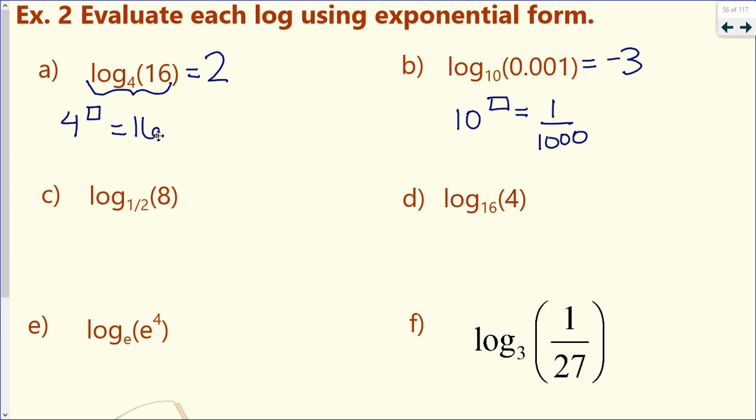Okay. Next we have 1/2 to what power equals 8. This one as well, we're going to need a negative power, because if we just take it to positive powers, it's still going to be 1 over some power of 2. So what do we think? 1/2 to what power would be 8?